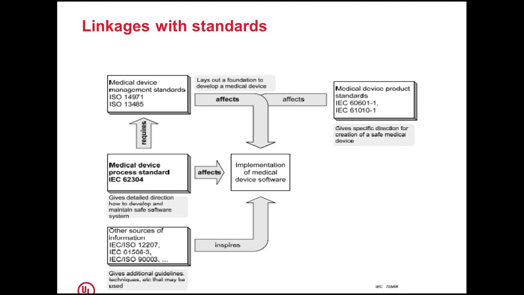So that way the interlinkage is there between 62304 and the quality system and risk management standards. Next, if the software is going to affect the safety and performance of the medical device, then you need to have compliance to 60601 as well.